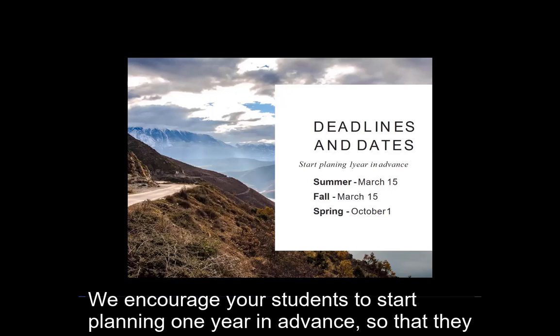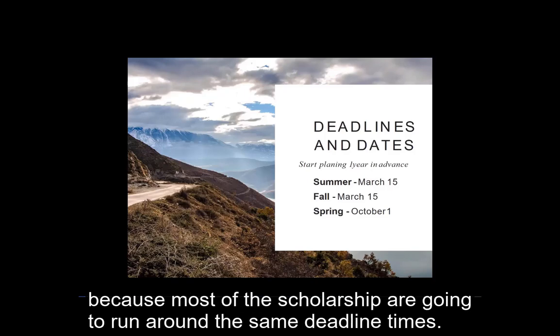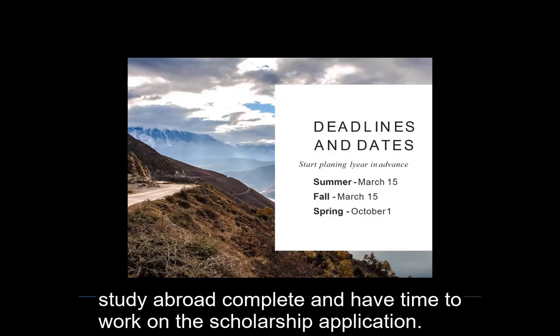We encourage your students to start planning 1 year in advance so that they have sufficient time to meet deadlines and to secure appropriate scholarships, because most of the scholarships are going to run around those same deadline times. So we want to make sure that they get both their application for study abroad complete and have time to work on the scholarship application.